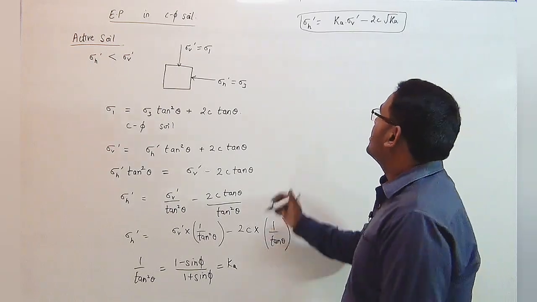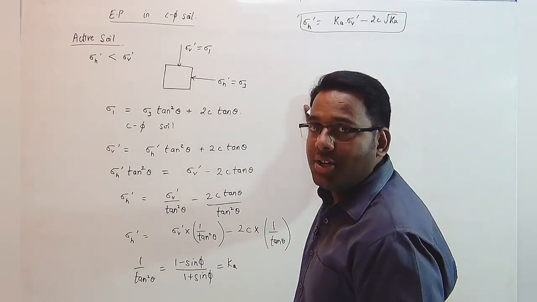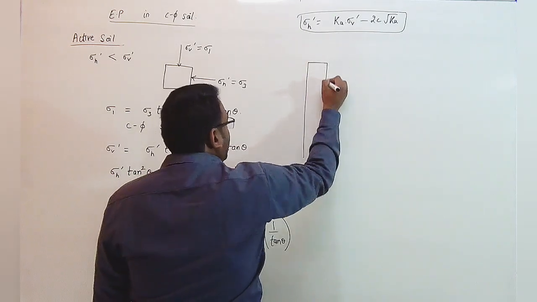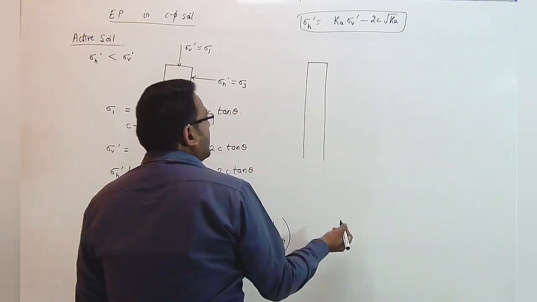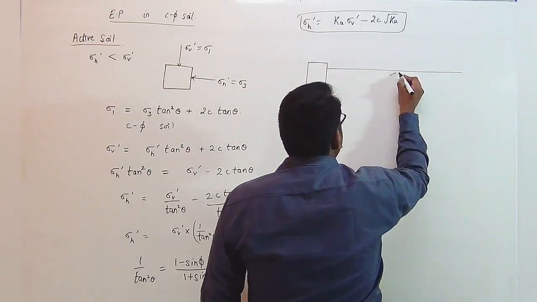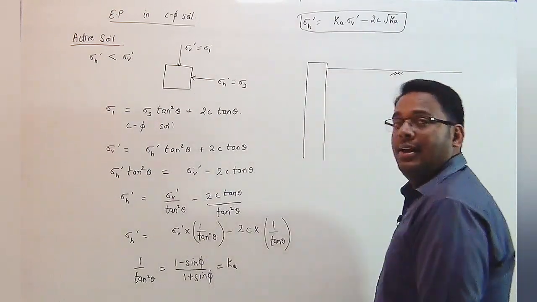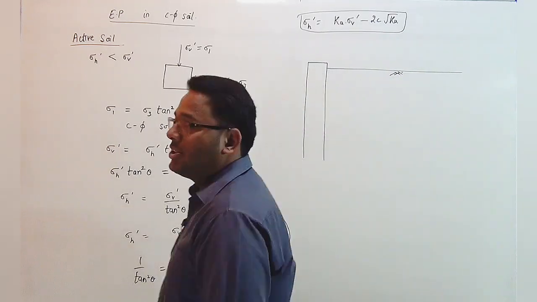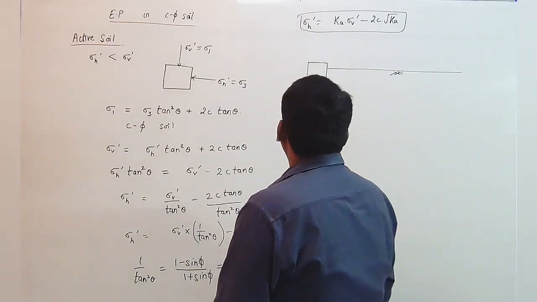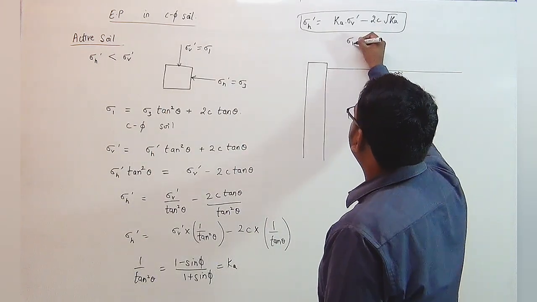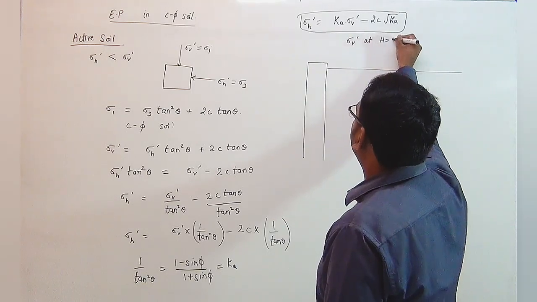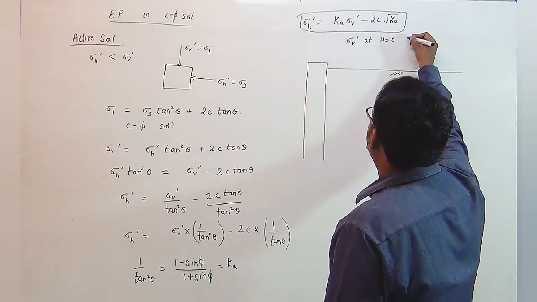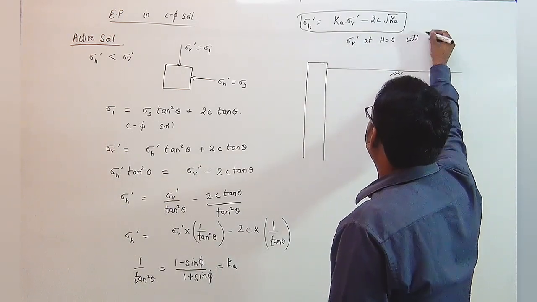But to study more about this equation, I am plotting the graph for a c-phi soil to indicate the variation of earth pressure. Let us assume that this is the ground level for the given soil and there is no surcharge acting on it. Hence the vertical effective stress at H equals 0, as H is the depth, will be 0 only.